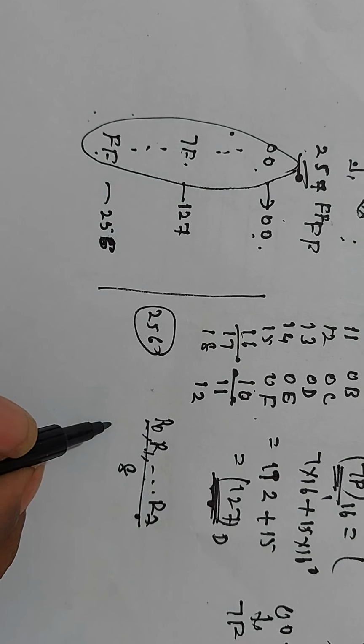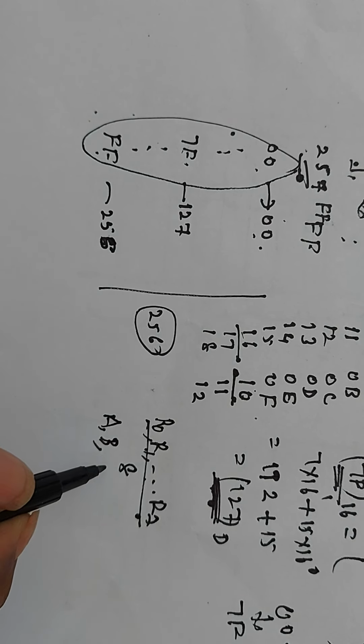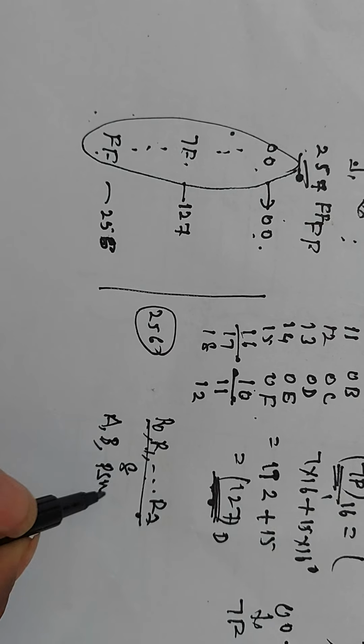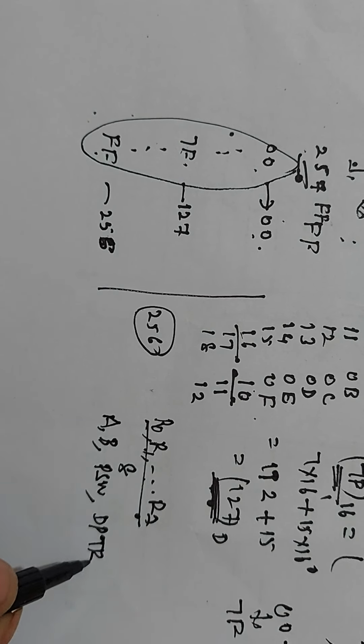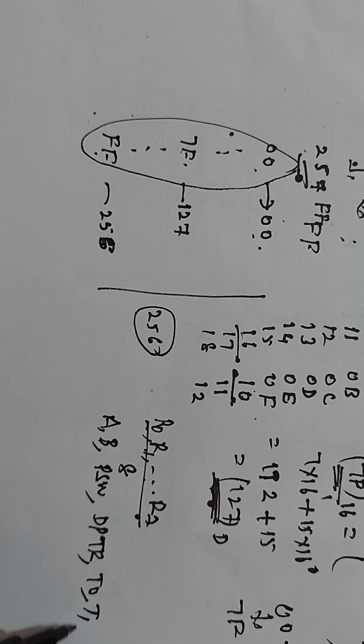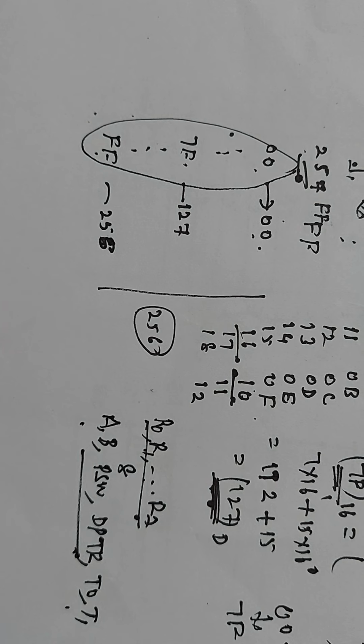We will discuss it later. What are special function registers? Like register A, register B, program status word register, data pointer DPTR register, timer 0, timer 1, and so on. These are called special function registers.